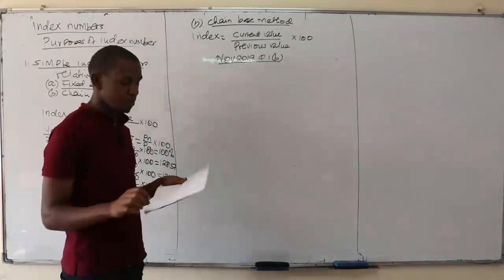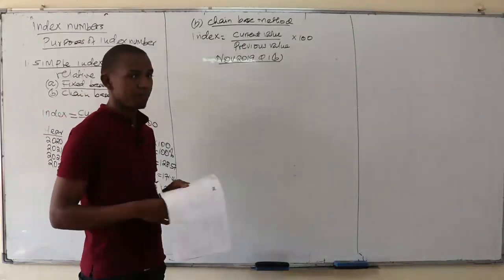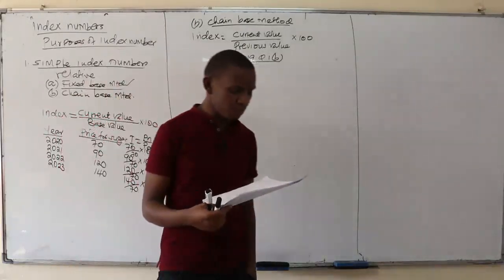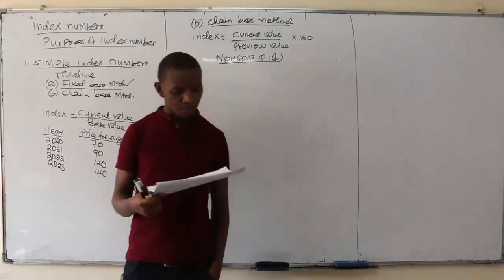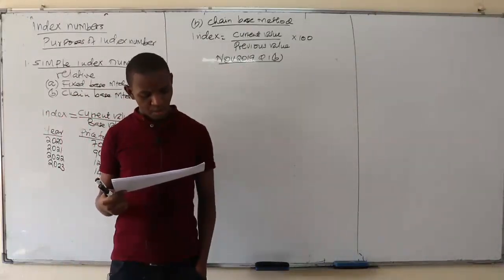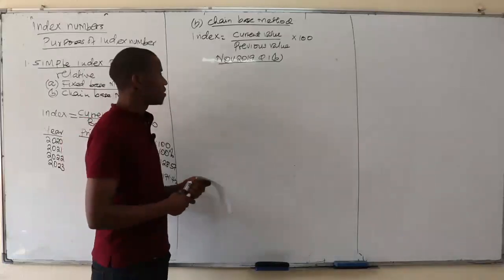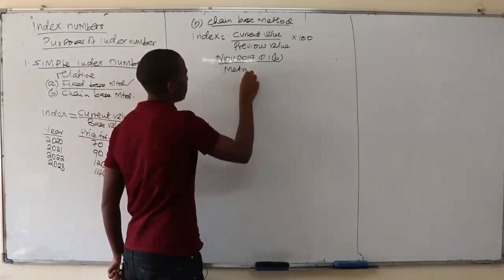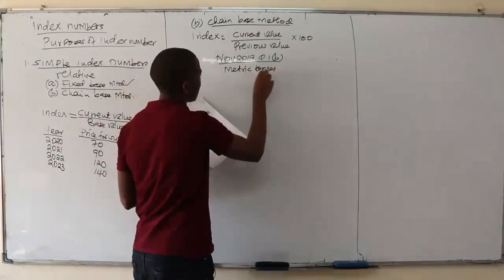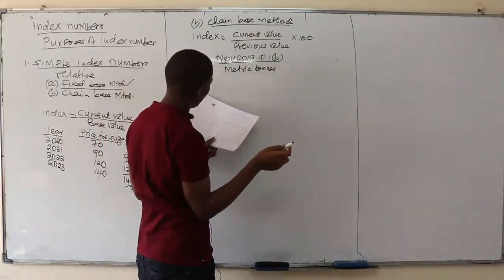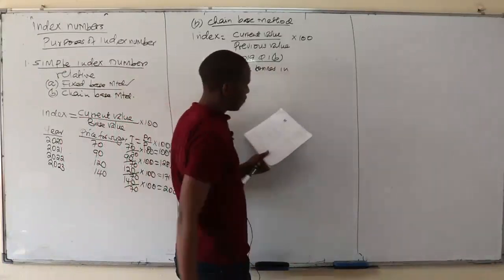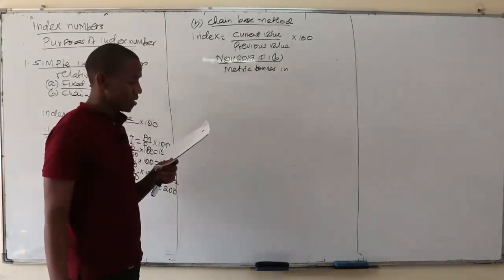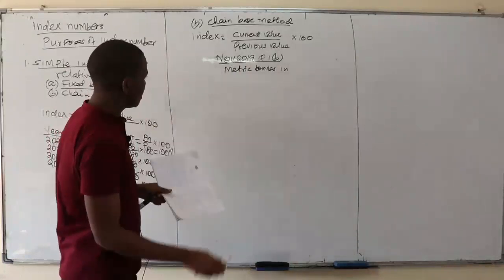Okay, so this is what you do. You just write: the following data relates to the production of sugar in metric tons in Kenya for the first 6 months of the year 2019.